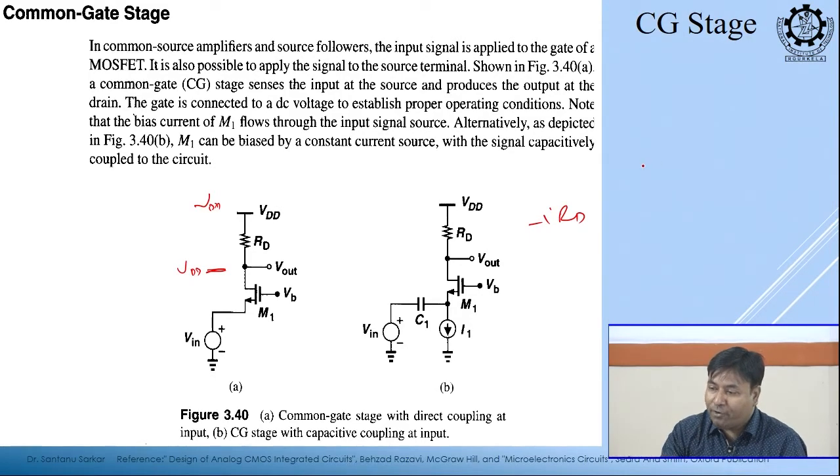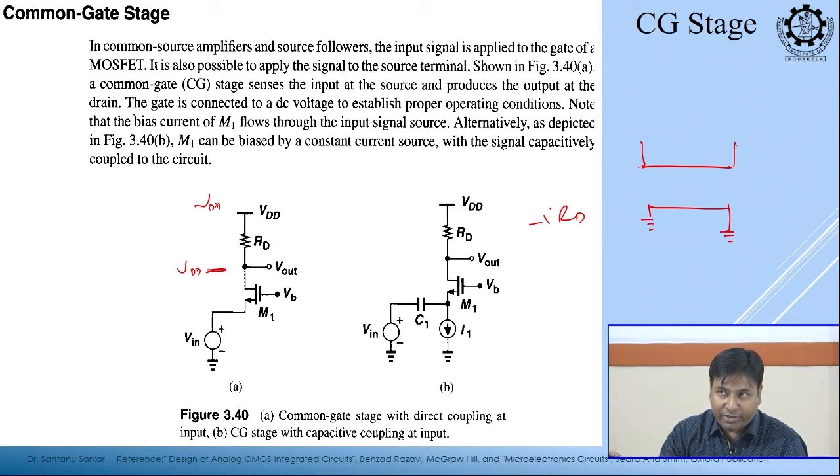If no current flows, two terminals are at the same potential. So, if this is at VDD, it should also be at VDD, but if this is at ground, this should also be ground. So, be careful about what the circuit connection is. In the previous case no current was flowing, output was 0, but in this case no current is flowing, output is VDD.